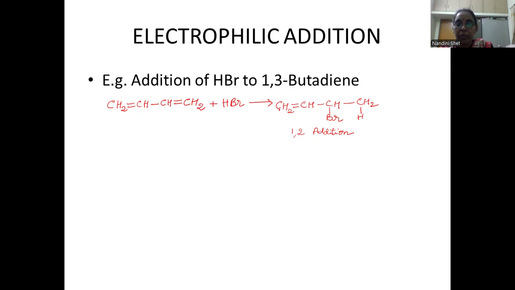And the actual name of the molecule, we can write the IUPAC name. So what will it be? Now it is only butene, substituted butene.